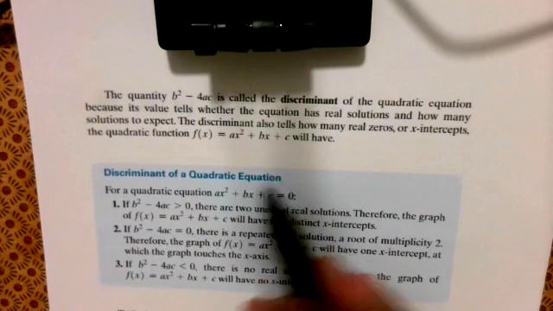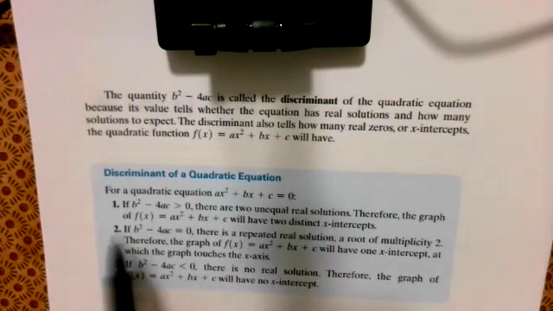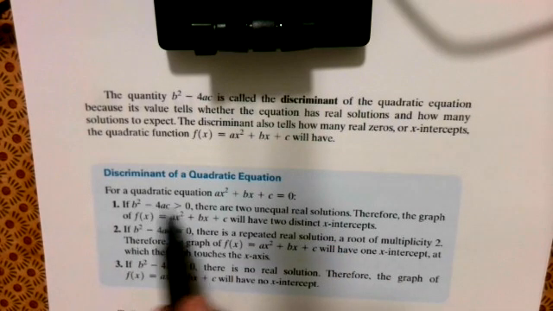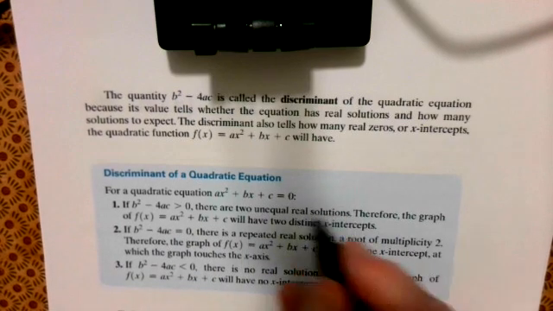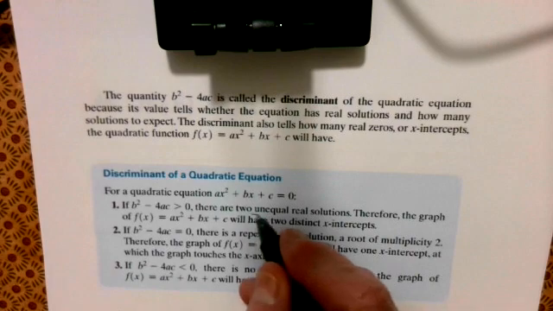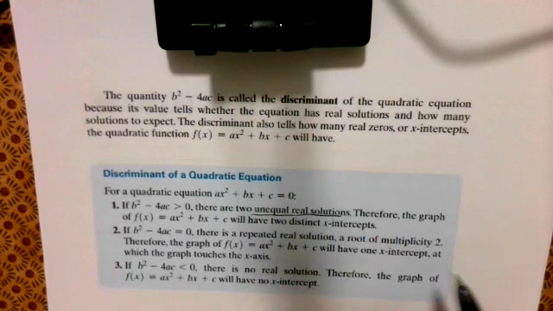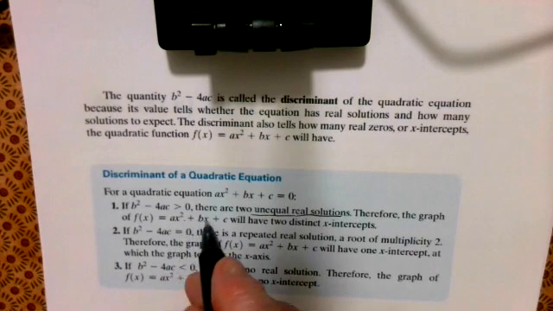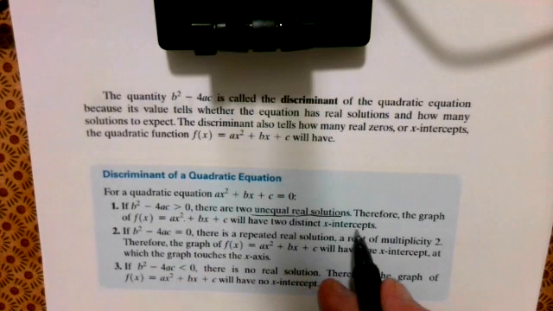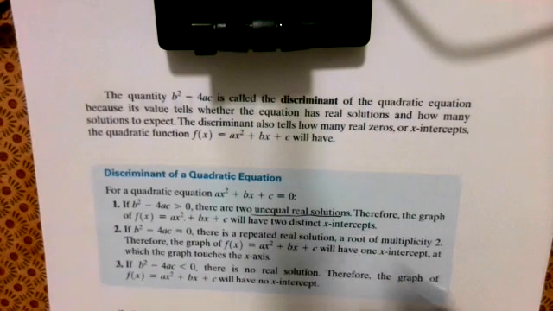Now, this is the way it goes. If the discriminant of a quadratic equation is positive, there are two unequal real solutions, so two different real solutions. Therefore, the graph of f of x equals ax squared plus bx plus c will have two distinct x-intercepts.